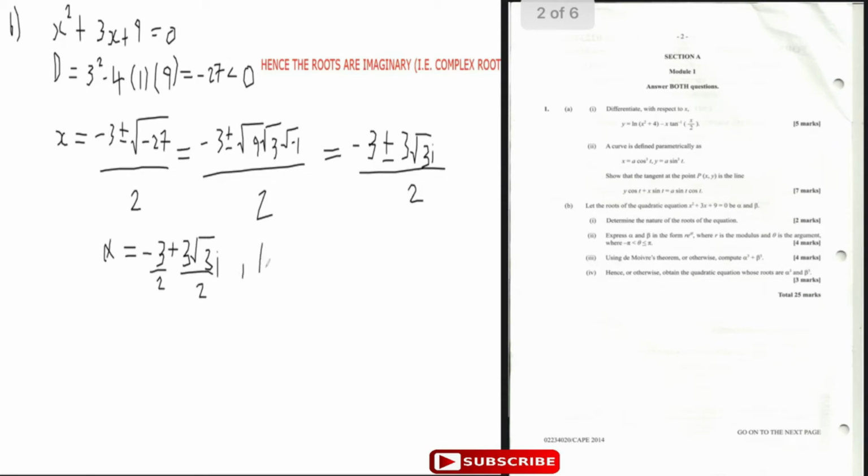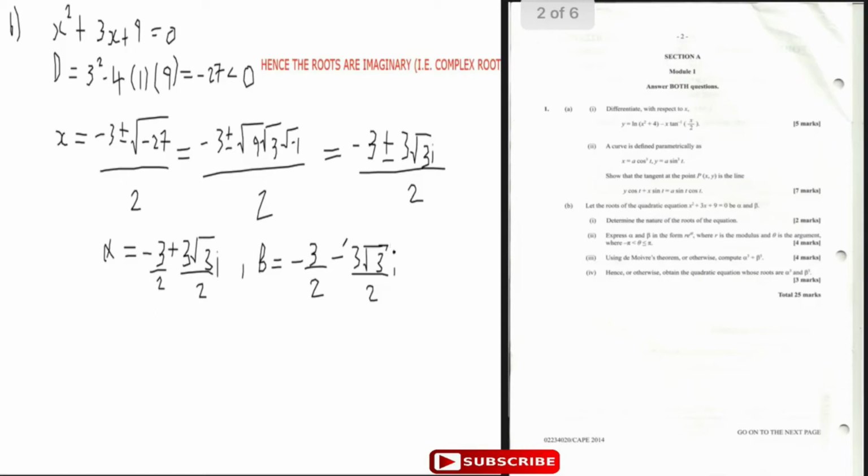And then beta is going to be minus 3 over 2 minus 3 root 3 over 2 times i. So that's alpha and beta. All right, nice and easy. So that's how we find alpha and beta.